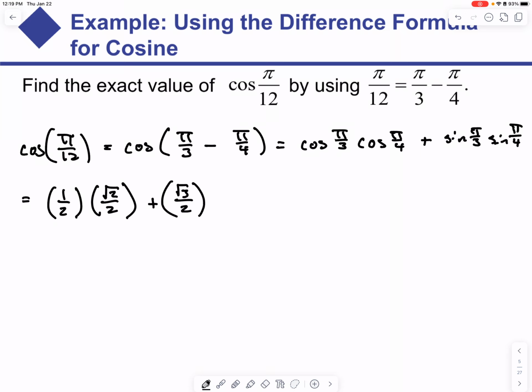And sine of pi over 4 should be root 2 over 2, also from the unit circle. That looks pretty good. So it looks like I'm getting root 2 plus root 6, all over 4.